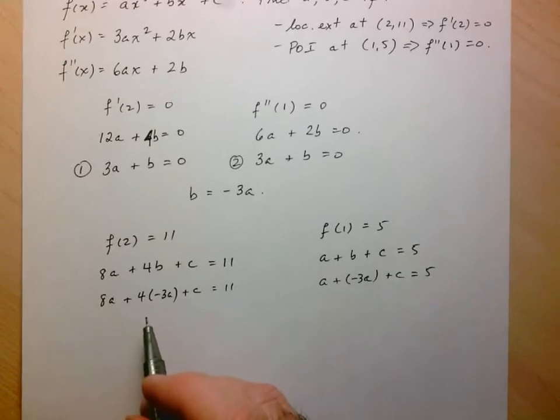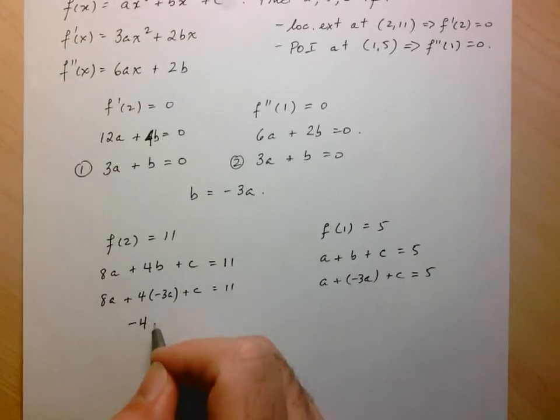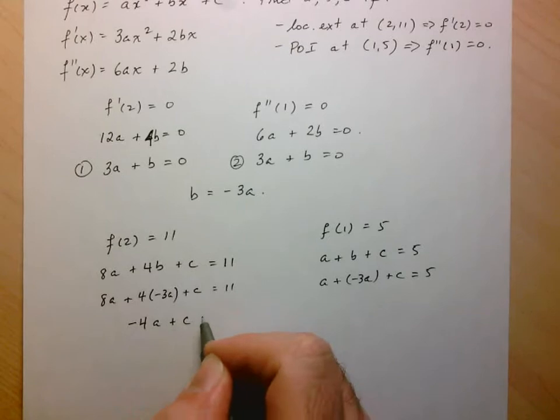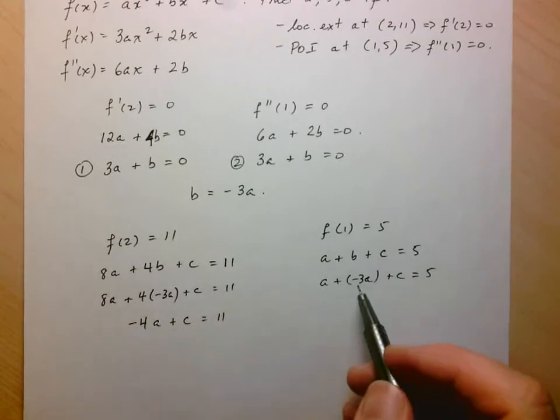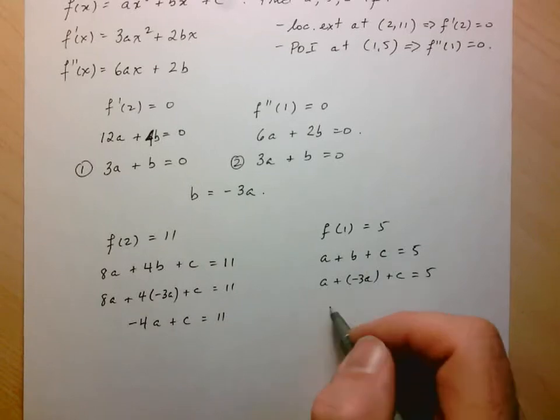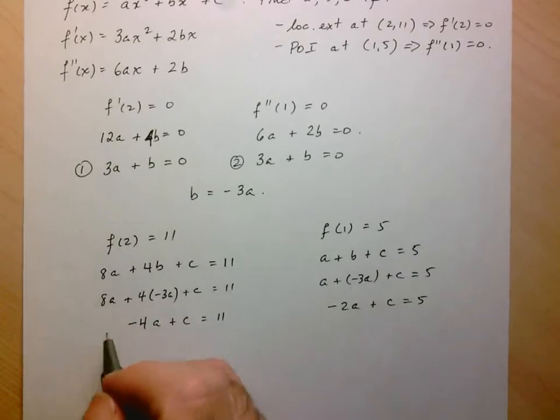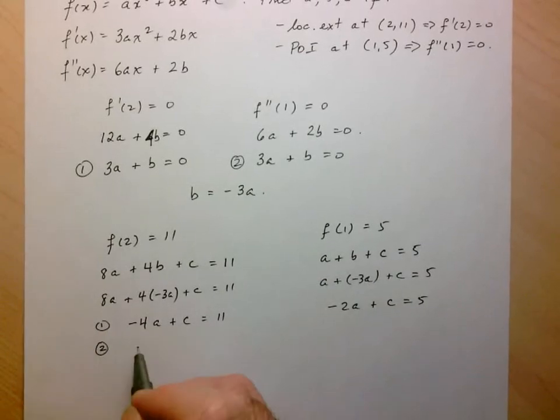And I really hope they're not the same equation this time, because then we got a problem. So here we have 8 minus 12, so negative 4a plus c is equal to 11. And here we have 1 minus 3, so negative 2a plus c is equal to 5. And these are going to be our two equations that we can solve. So we'll call this equation 1, call this equation 2.